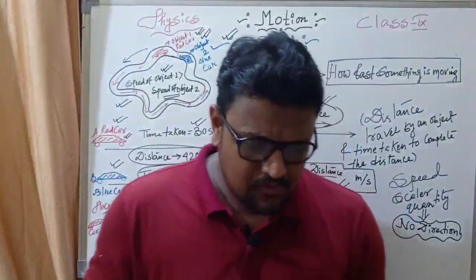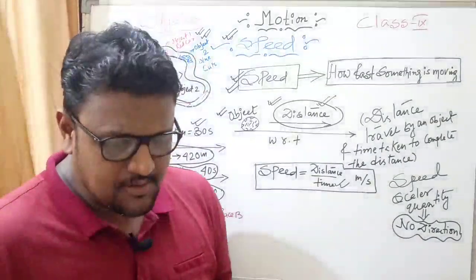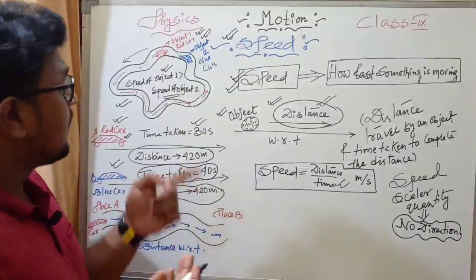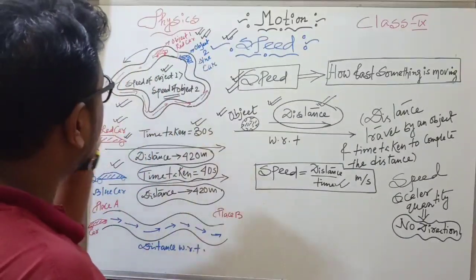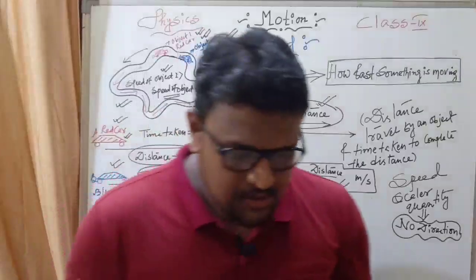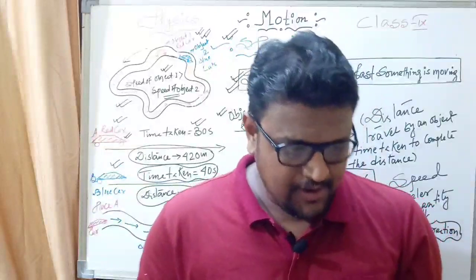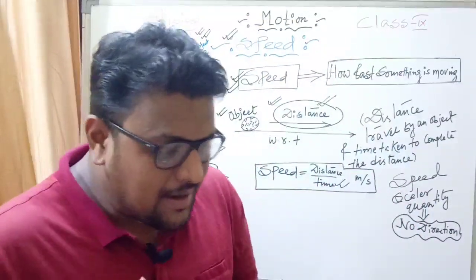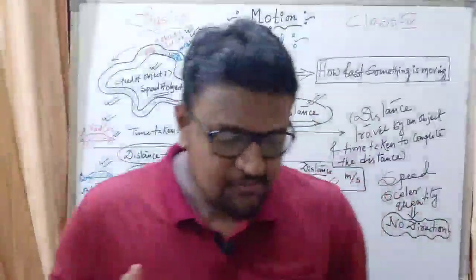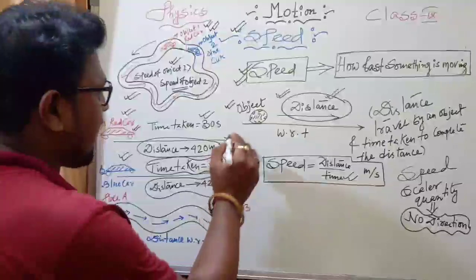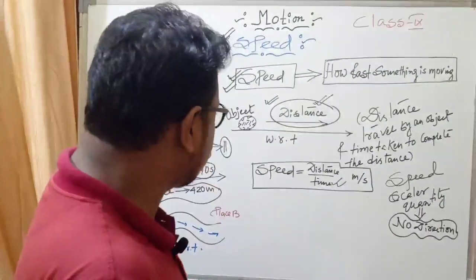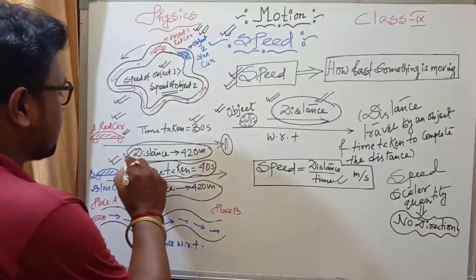Now, comparing the two objects, the first and the second, as I learned, the speed of object 1 is greater than the speed of object 2. When an object is moving to reach its final destination, it has covered some path.